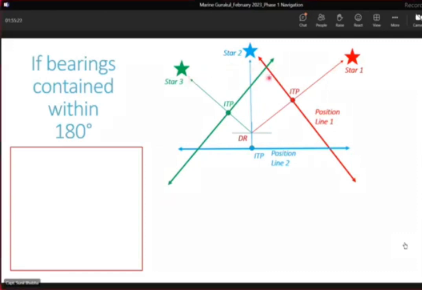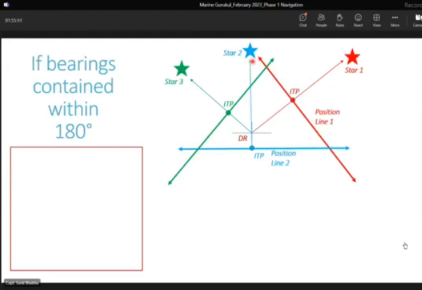The red star is at one extremity of the stretch of bearings, the green star is at the other end, and the blue star lies in between star number 1 and star number 3. This star is known as the middle star.